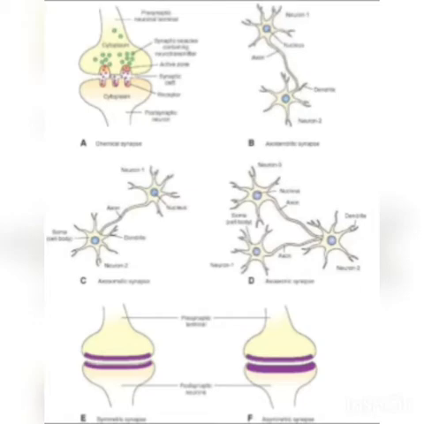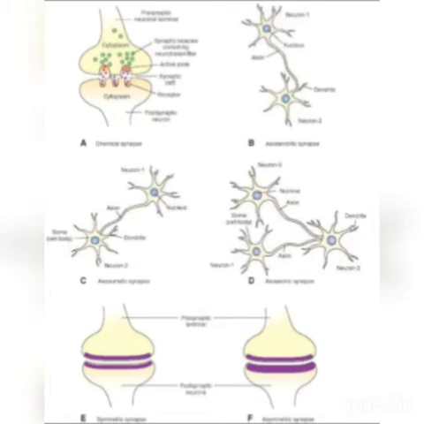axosomatic synapse. C diagram shows axosomatic synapse, which is formed when an axon ends on a soma of another neuron. How is it formed? It is formed when an axon of one neuron ends on a soma or cyton of another neuron. This is called axosomatic synapse.